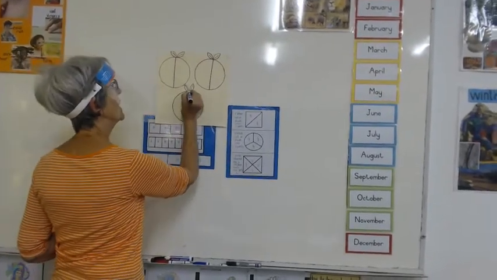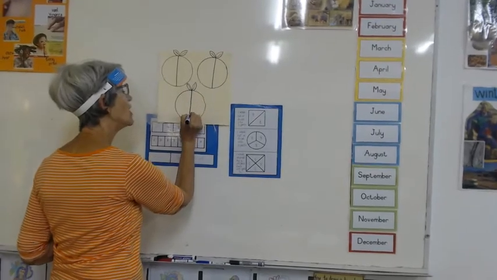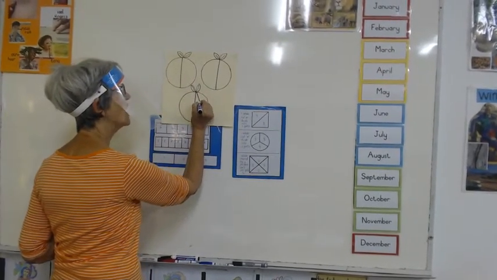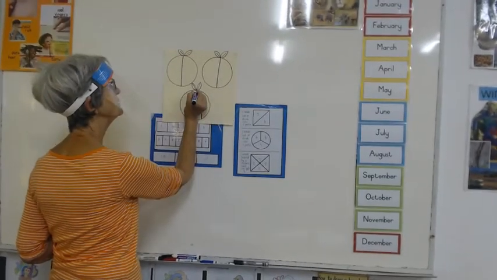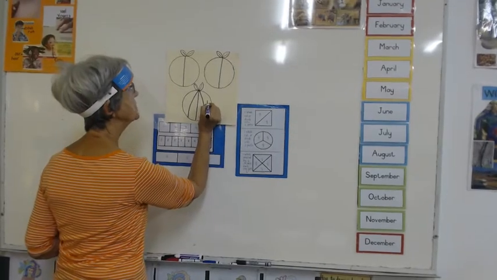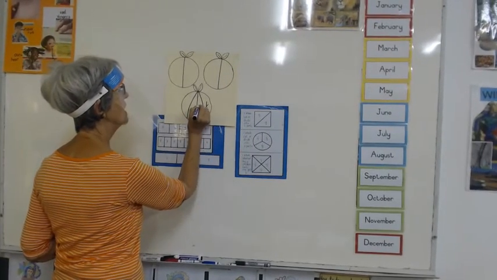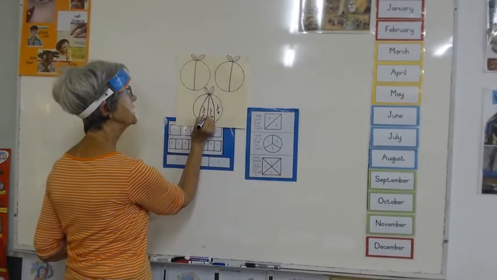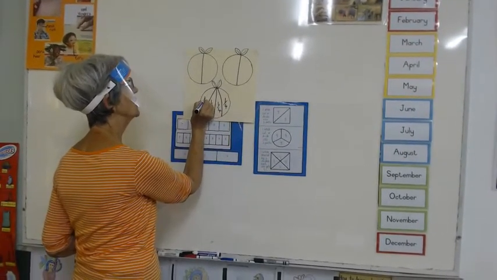So I will share it in half here, and I will cut that half in half, and that half in half. So that one is a quarter, a quarter, a quarter, and a quarter.